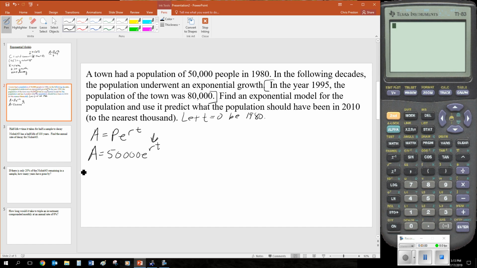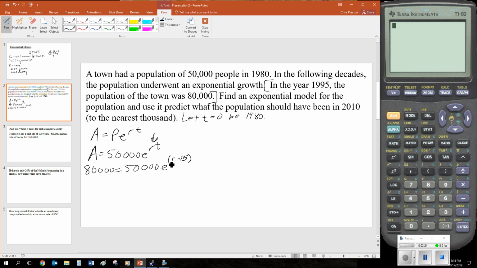So I have an amount of 80,000 here. I'm looking for my rate. And my time is going to be how many years after 1980 this is. That's going to be 15 years. Since I'm letting 0 be 1980, this would be 15.